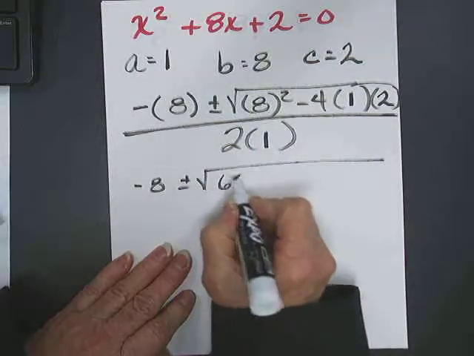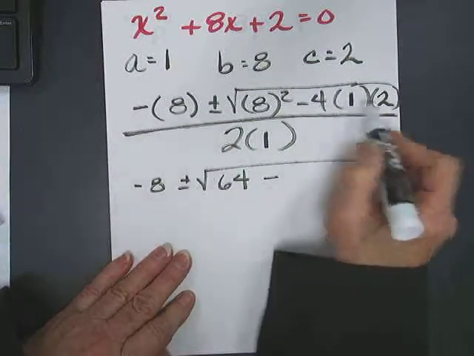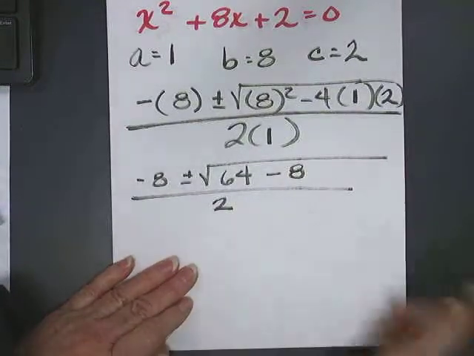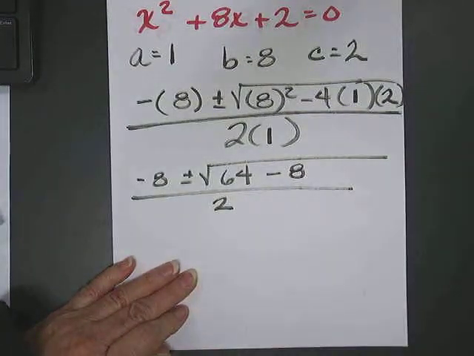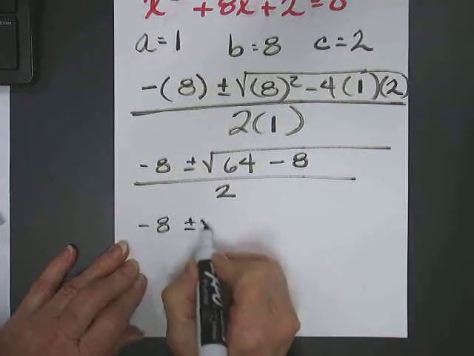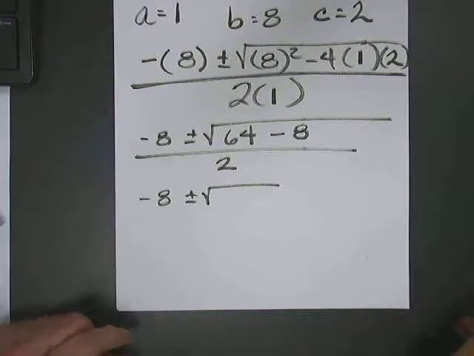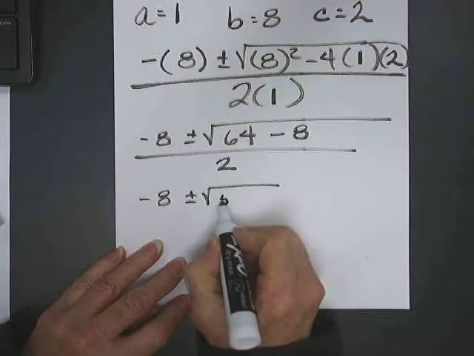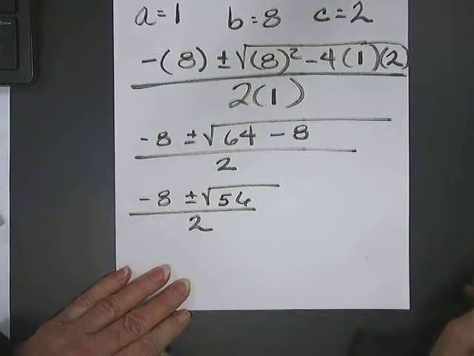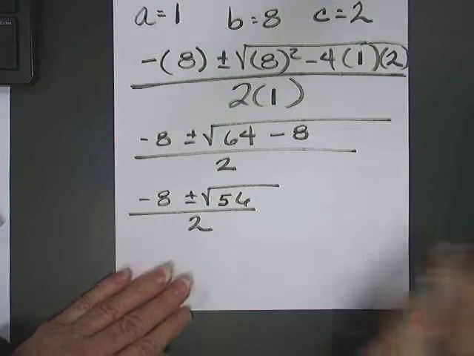So we have negative 8 plus or minus the square root of 8 squared, which is 64, minus 4 times 2, which is 8, all over 2 times 1, which is 2. So you have negative 8 plus or minus the square root of 64 minus 8, which is what? 56, over 2.